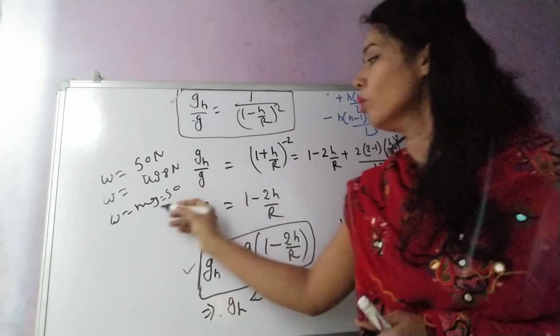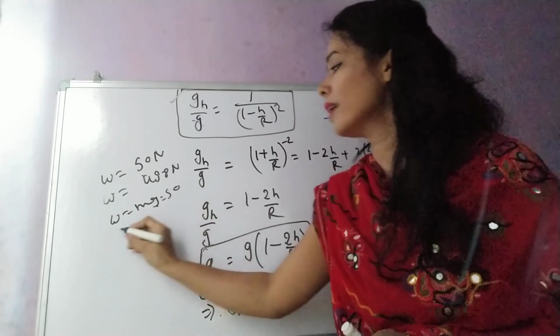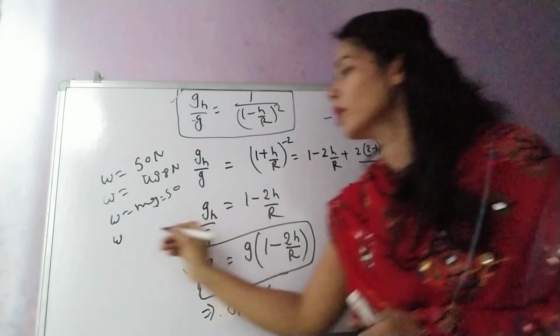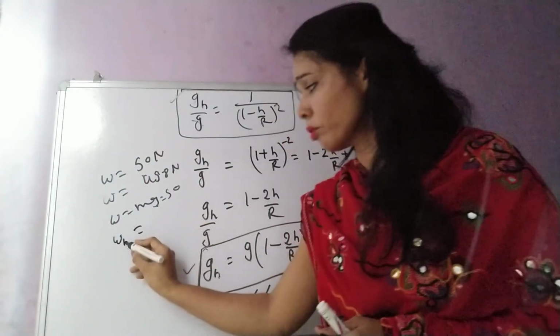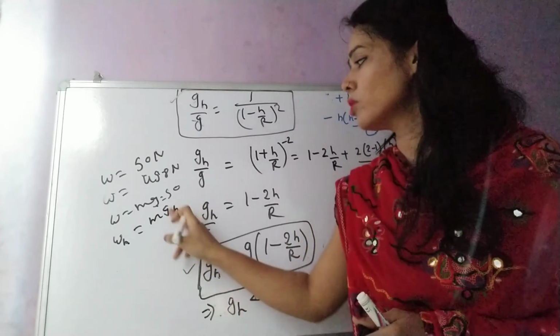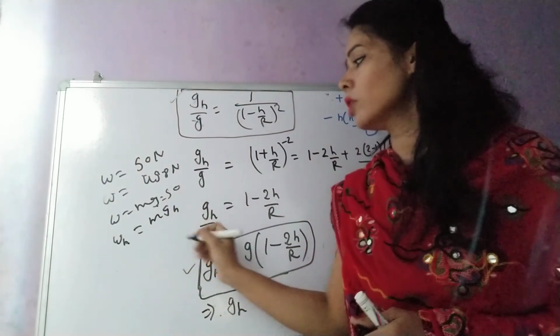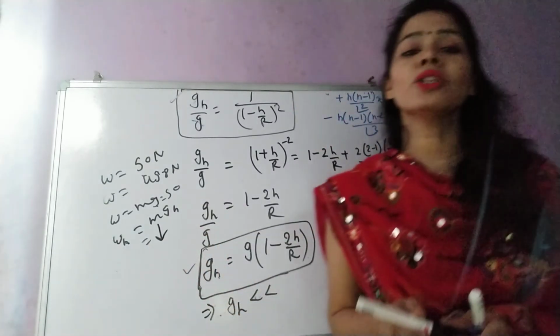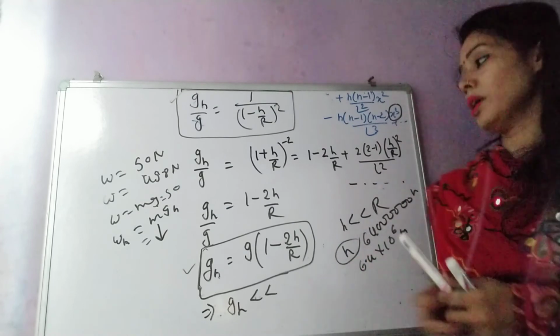But if you move to a certain height, suppose you are on a mountain, then your weight at height h will become mgh, and since the value of gh is decreased from small g, this value of weight is also decreased. Understood? So this is the important concept. I hope it is clear to you all.